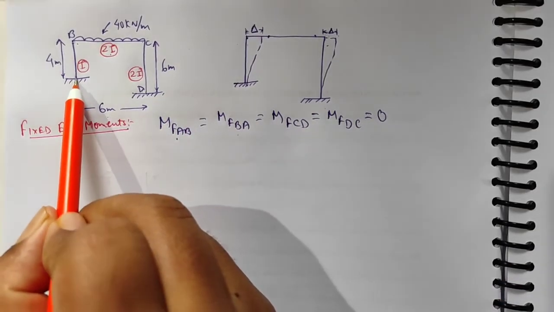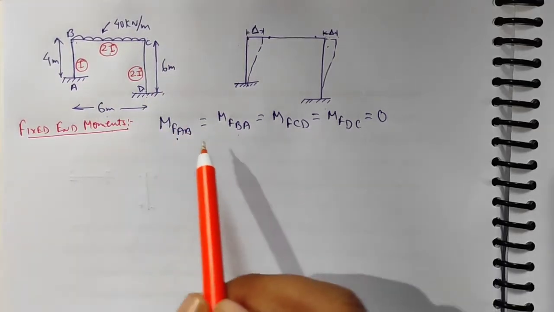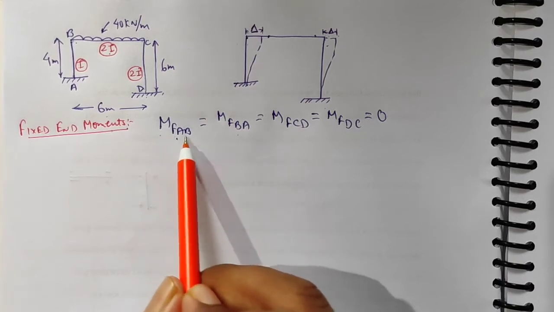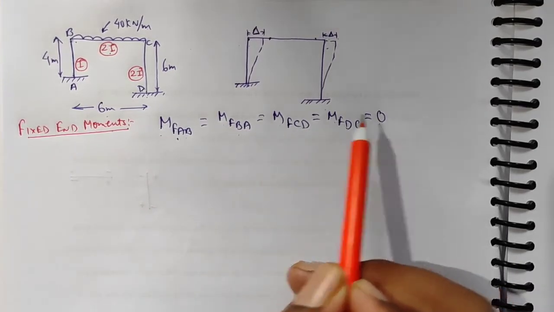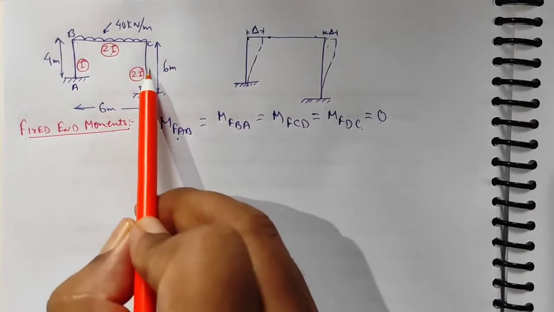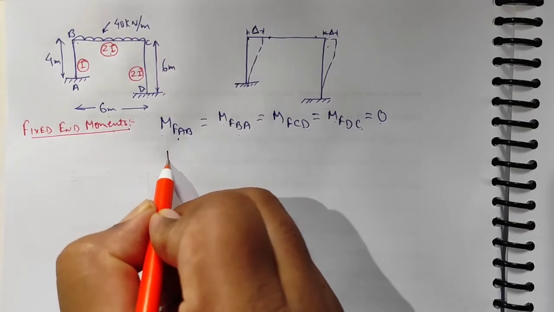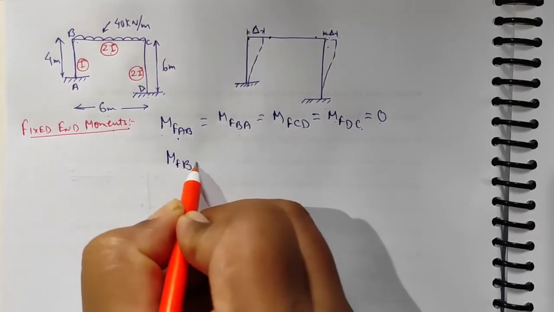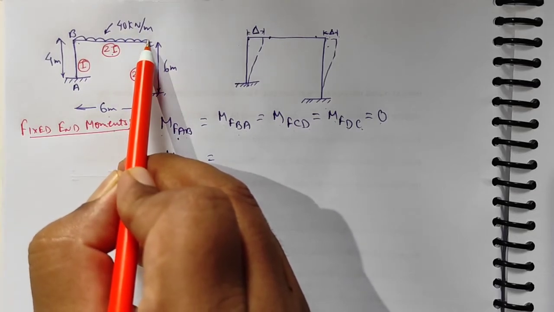Therefore we can see here that members AB and CD are not loaded with any type of load. Therefore I am taking MFAB, MFBA, MFCD and MFDC equal to 0. That means in these two members there will be no fixed end moments. Now the remaining member, that is BC, will have a fixed end moment as it is loaded with a UDL.